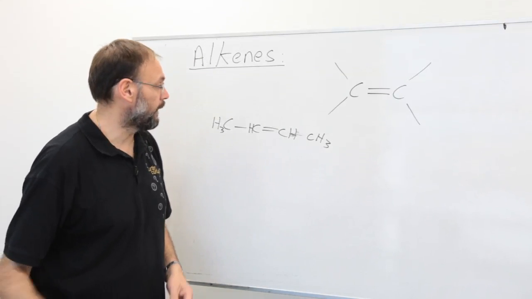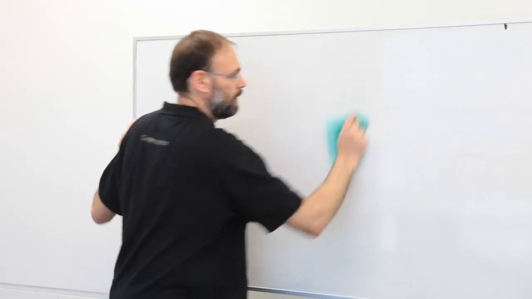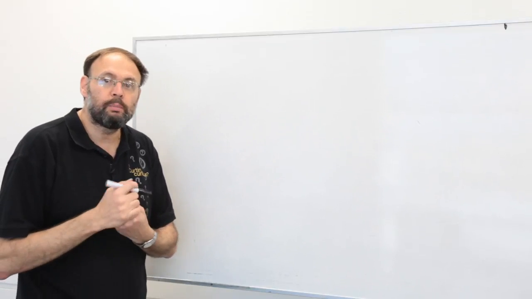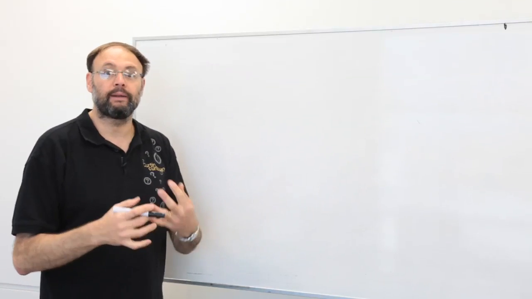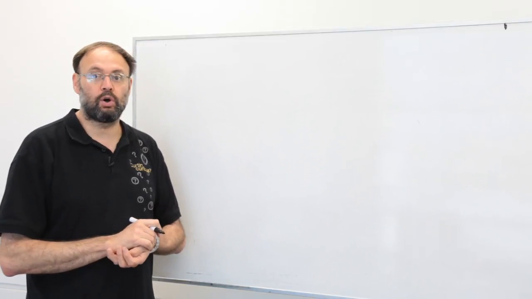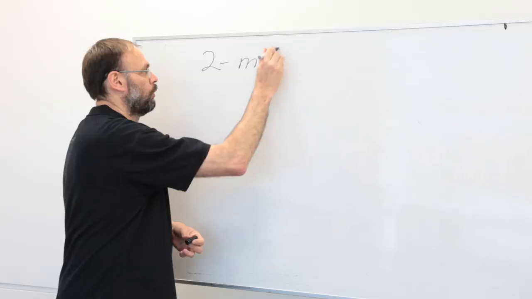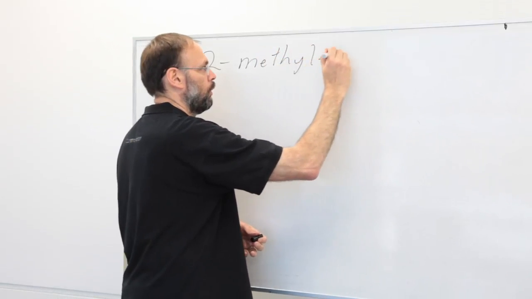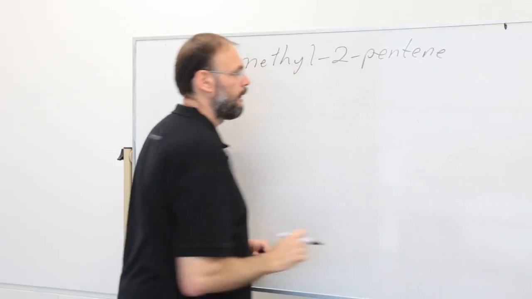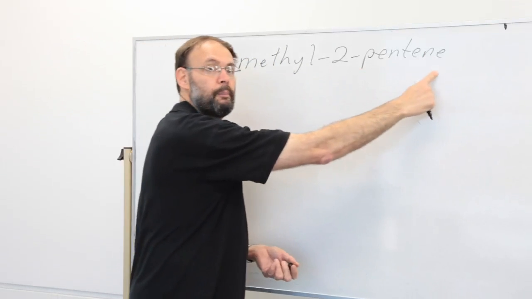Now, to round off this tutorial, just as an exercise of the sort of questions you may be asked and how you'd go about solving the question. If you're asked to draw the structure of a compound like 2-methyl-2-pentene, the first thing you would do is look at the end of the name.